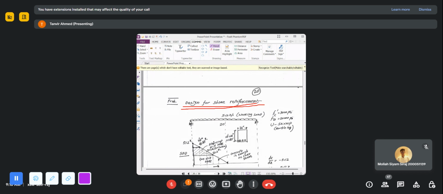Obviously, the first thing that you should do is to check whether you need to design reinforcement. We will be doing this problem with the WSD method.